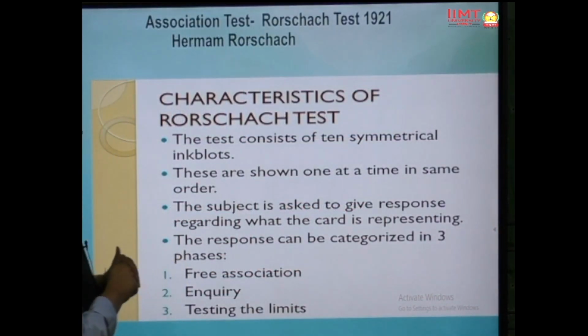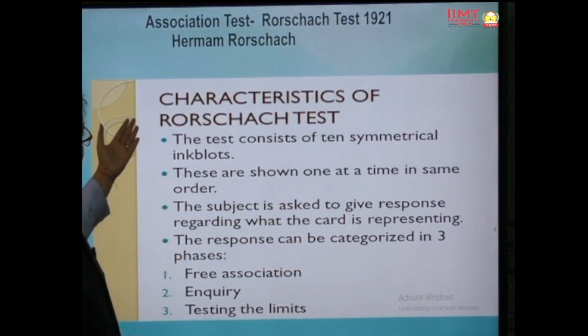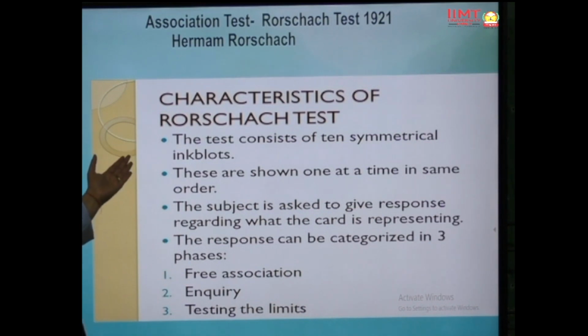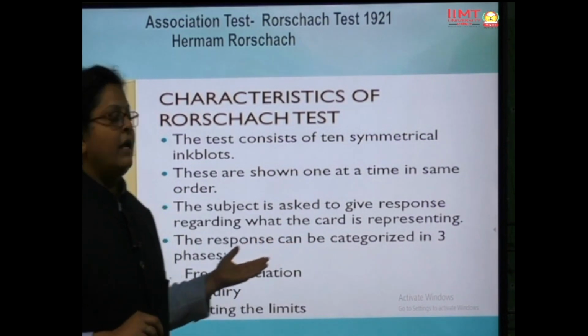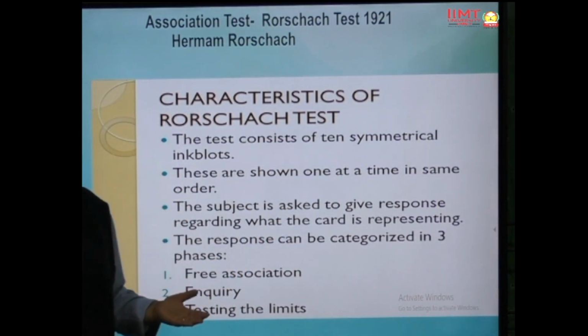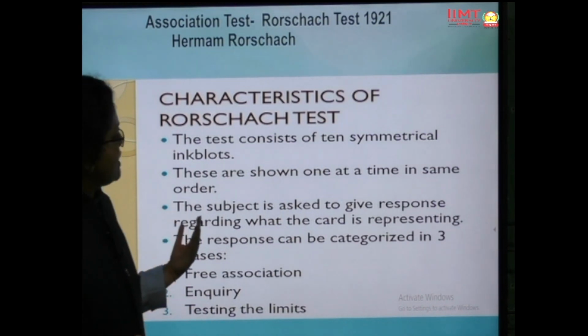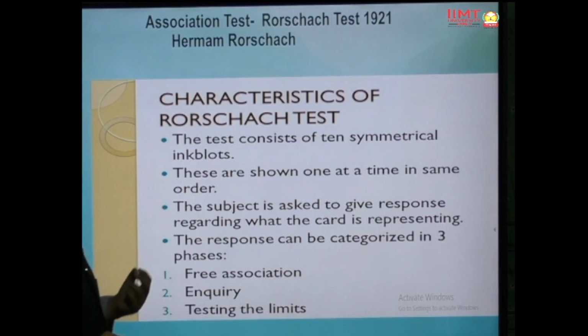These are the primary characteristics of the Rorschach test. The test consists of 10 symmetrical ink blots. They are shown one at a time in the same order. The subject is asked to give a response regarding what the card is presenting.